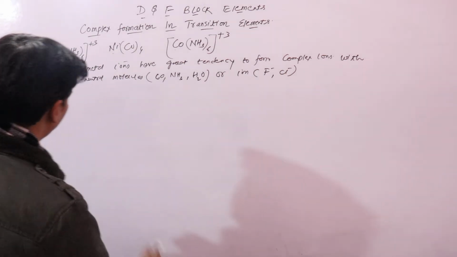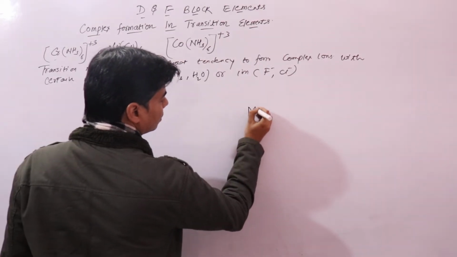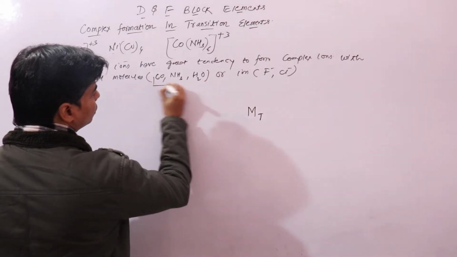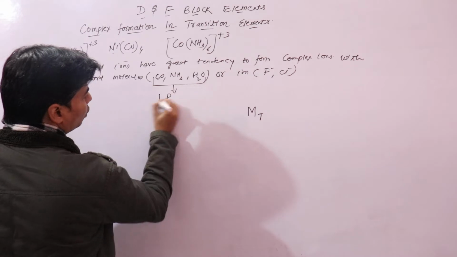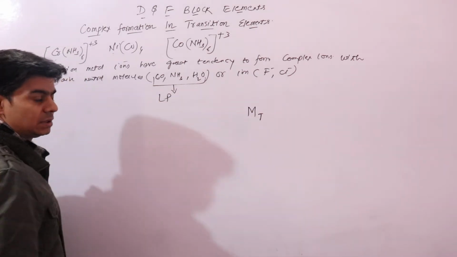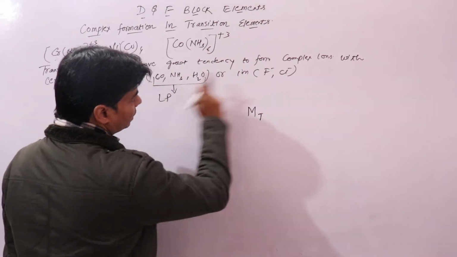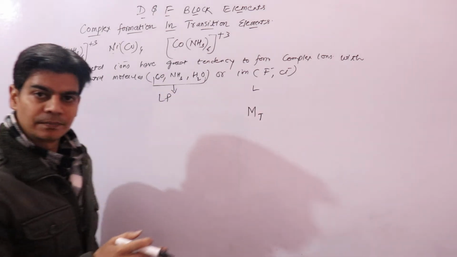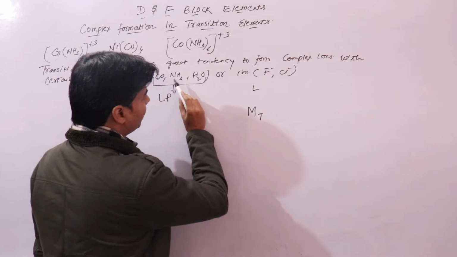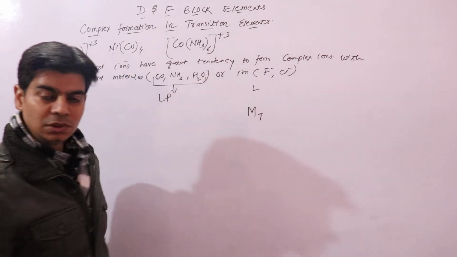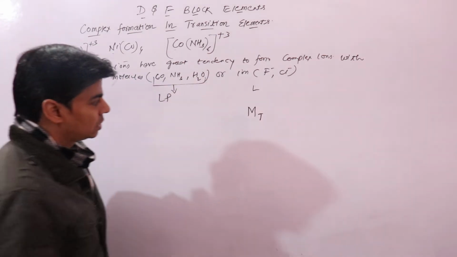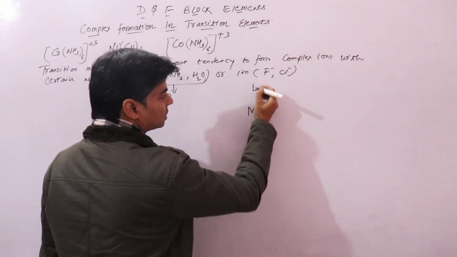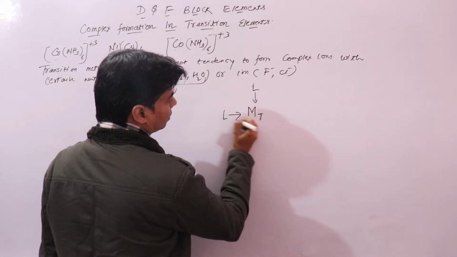So what happens is, if this is your transition metal, right, these neutral molecules that possess lone pair of electrons, or these ions, when these approach the transition metal ions, we call these ligands, right?